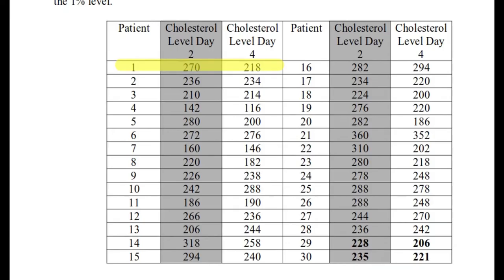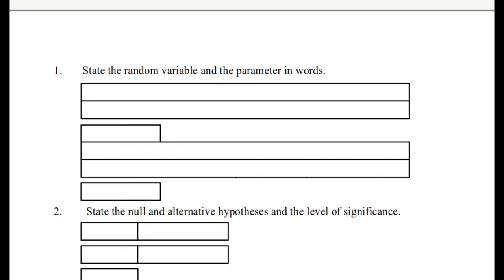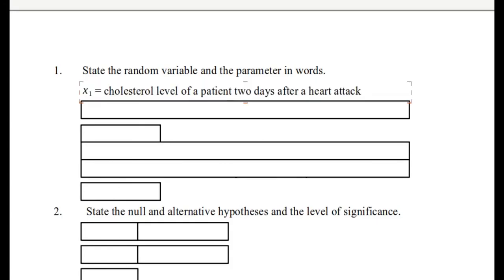In other words, we can match up data from the first list with data from the second list. That patient information tells us that the information that we're actually being given is in fact matched. So the first thing we do is we state the random variable in words.